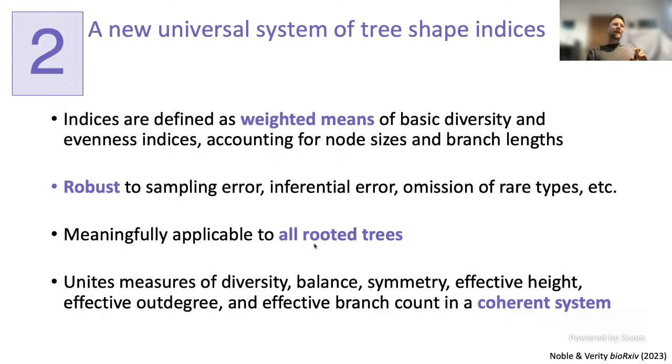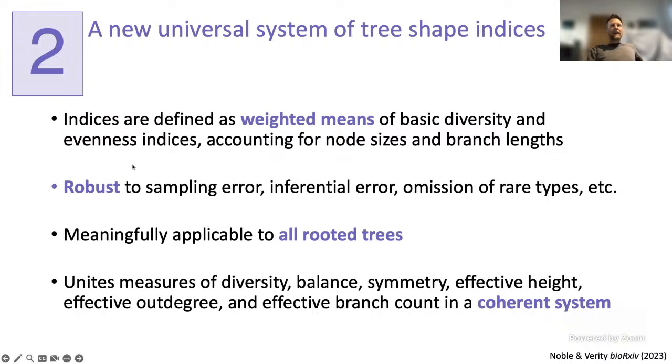This way of averaging by the node importance score is one way of averaging across a tree, but there are other ways. Another way is going down the tree and looking across the tree. You can do what we call the longitudinal average rather than the node-wise average. You can do that for each of these three types of index: the diversity, the bushiness, and the balance. And what you form then is this universal system, which is mathematically really neat, because all of these indices you can put in a grid, as I will just show you, and they capture all these different aspects of tree shape in a very pleasing way.